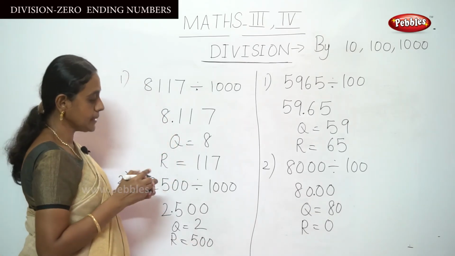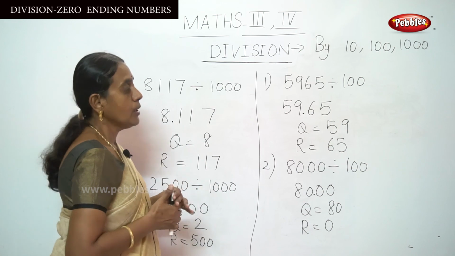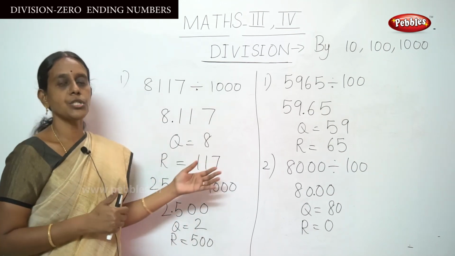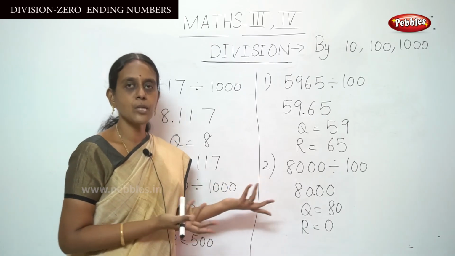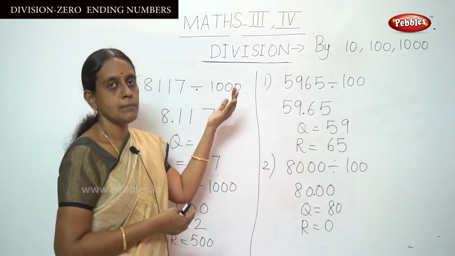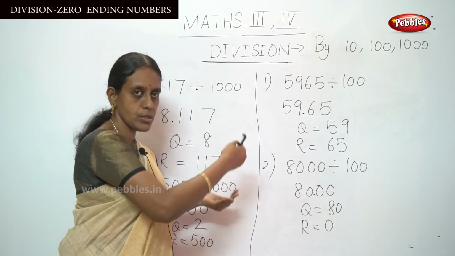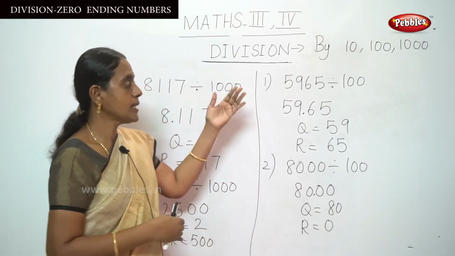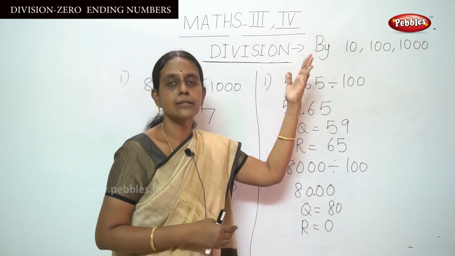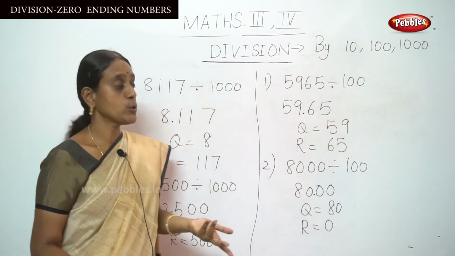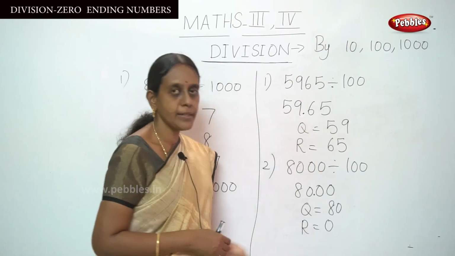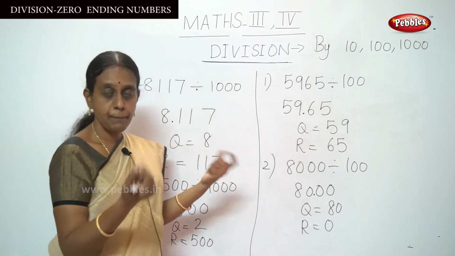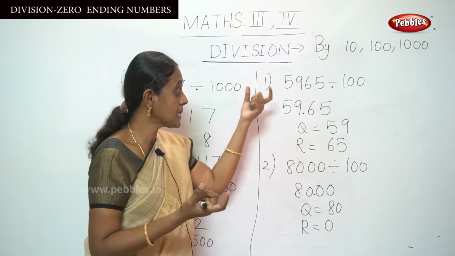So this is a method to find the quotient and remainder without any long division. In your previous problems we were using the multiplication table and subtraction, which is long division. For numbers ending in zero, that is 10, 100 and 1000, you can simply put the decimal point and find the quotient and remainder, and without paper and pen you can say the answer by seeing it.